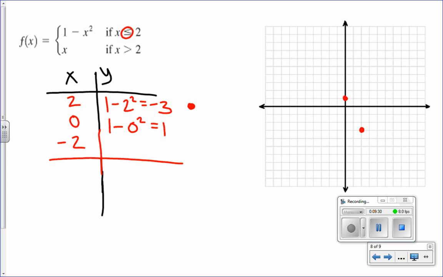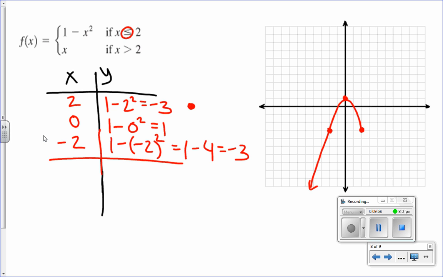Let's plug in -2. That's going to be 1 minus -2 squared. That's going to be 1 minus 4, which is -3. So -2, -3 is again right here. So it's a parabola opening down, and it's going to end when x equals 2.